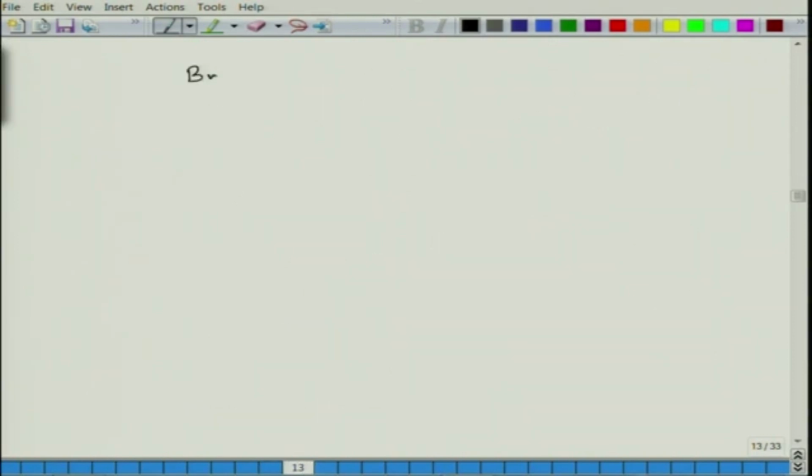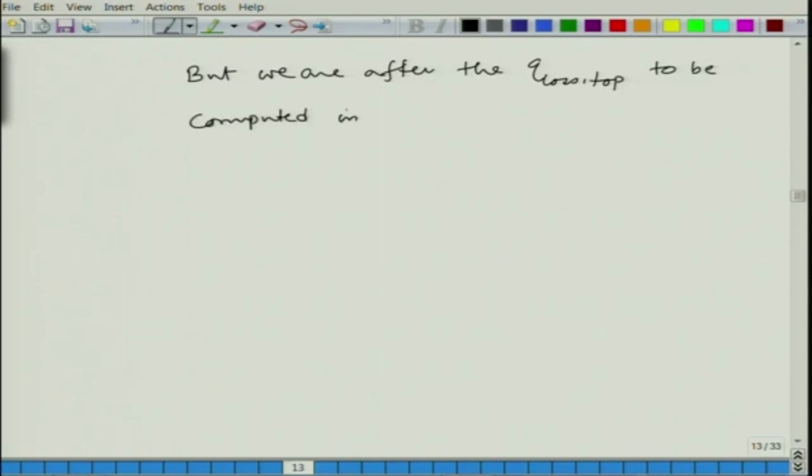But we are after the Q loss top to be computed in terms of T_p and T_A, right, the ambient temperature and the plate temperature, these two we are interested in.